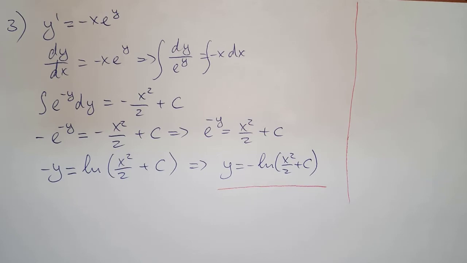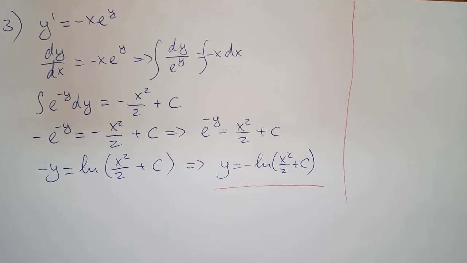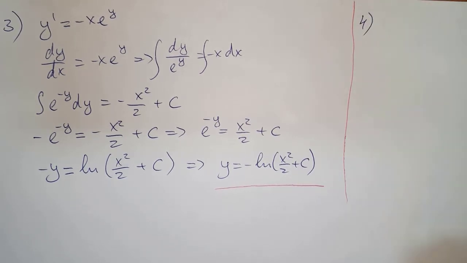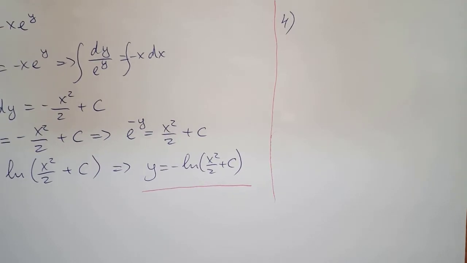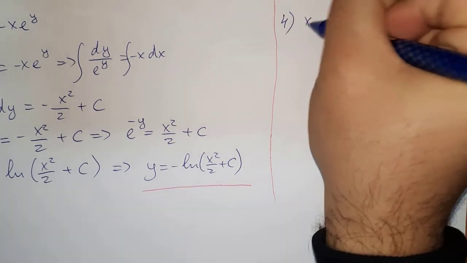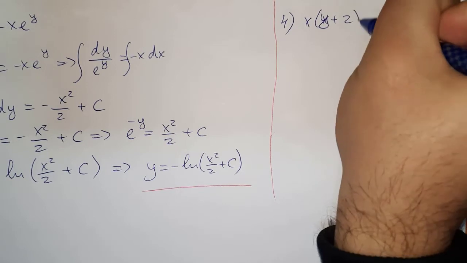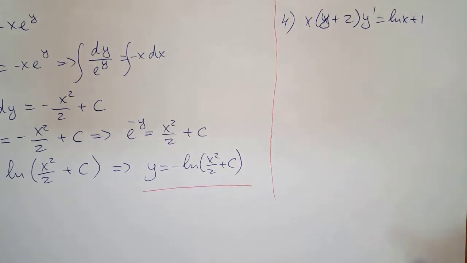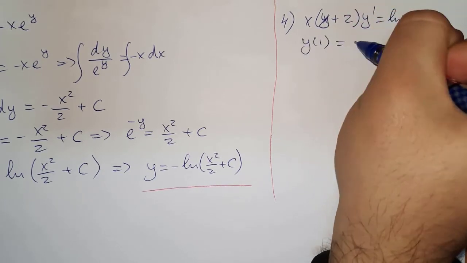And now, next example, number 4. Let's find the particular solution of the differential equation y plus 2 y prime equals natural logarithm of x plus 1, and the provided condition y of 1 is minus 1.